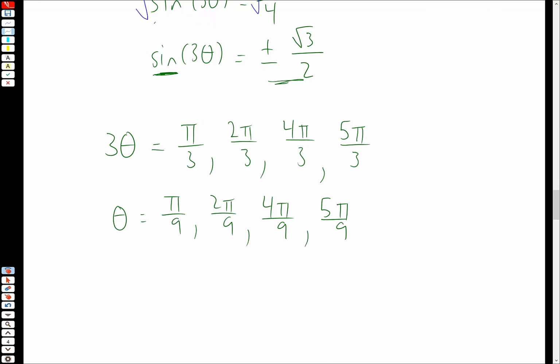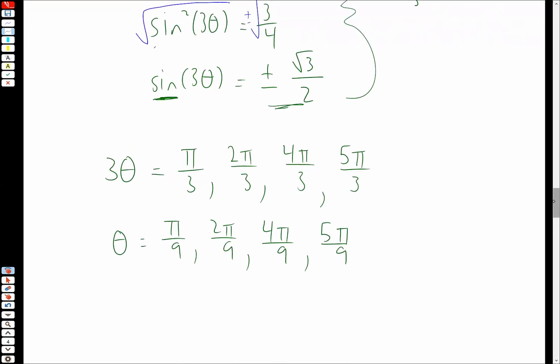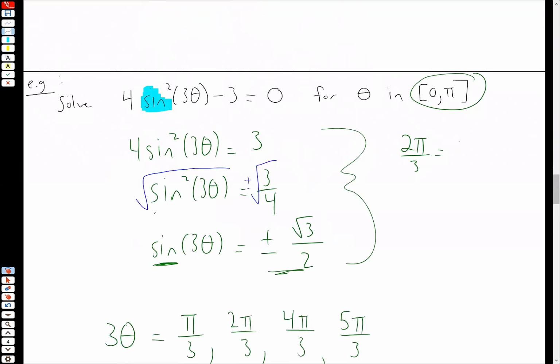Now again, these might not all be all the solutions, so we have to double check. Okay. So remember, what's the period of this trig function? The period is 2 pi divided by 3, which, since all of our denominators have 9 here, I'm going to convert this into, let's see, 6 pi over 9.